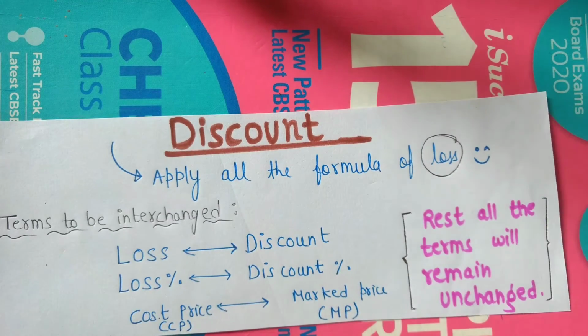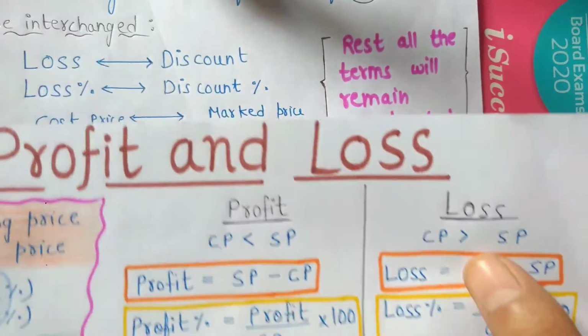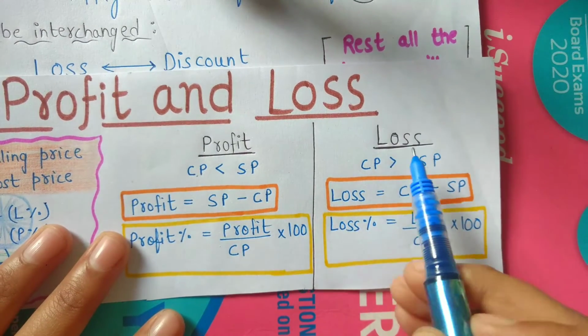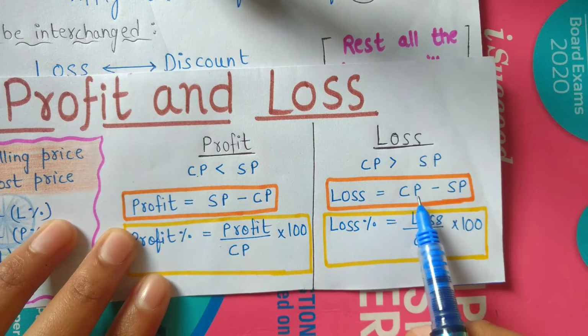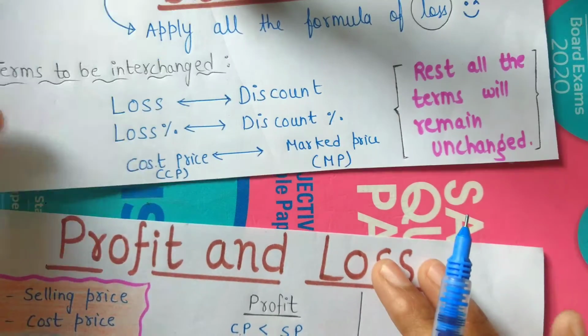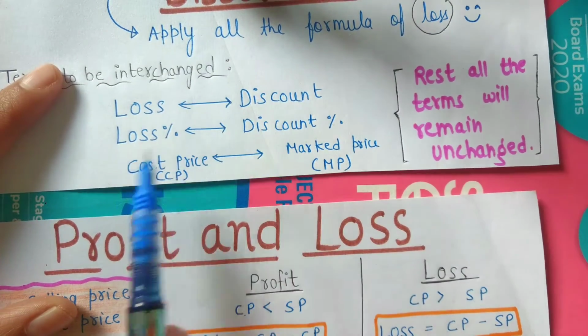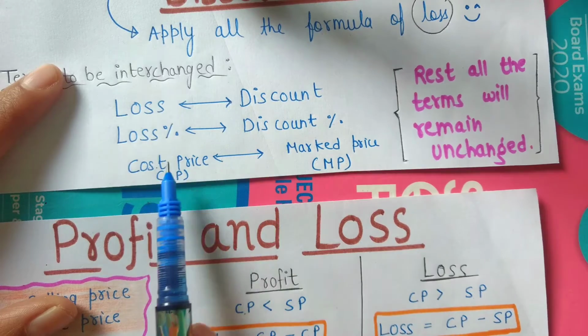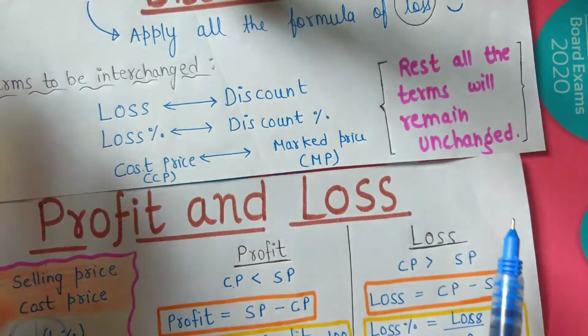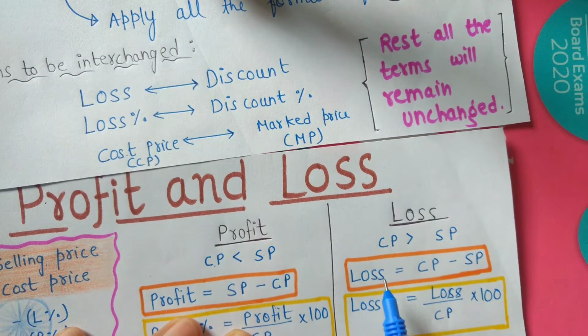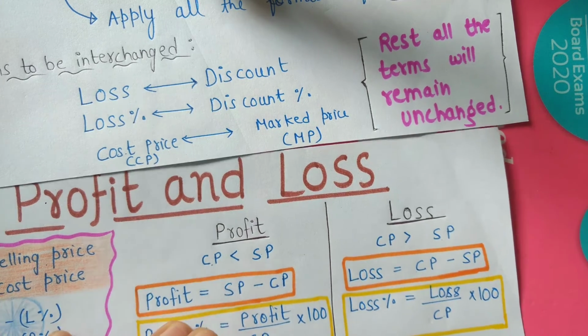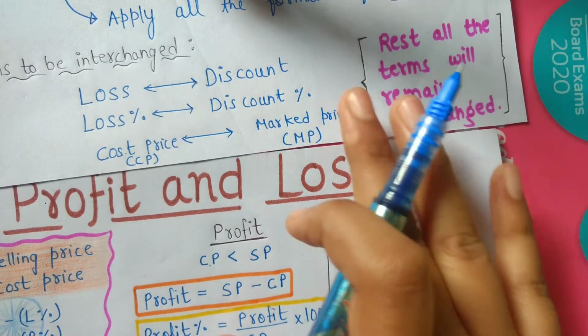So let me show you the formulas of loss. For example, here the formula of loss is equal to CP minus SP, and I told you to replace loss by discount, loss percent by discount percent, and CP by MP. So here our new formula of discount will be: discount is equal to MP minus SP, and discount percent is equal to discount divided by MP into 100. So let's write this formula.